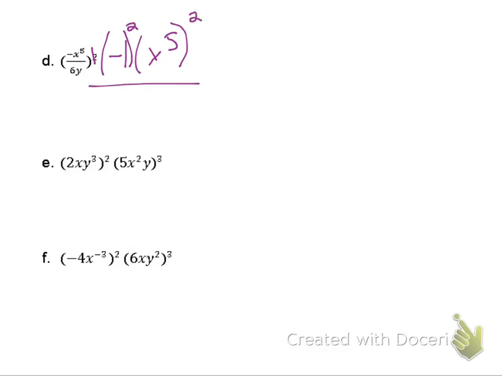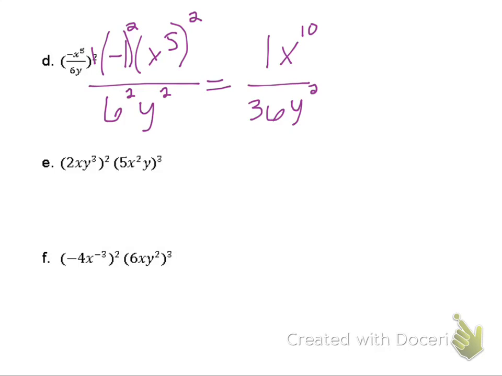And then on the bottom I'm going to have 6 squared and y squared if I distribute the squared on the bottom. So negative 1 times negative 1 is positive 1. X to the 5th squared would be x to the 10th, 5 times 2. On the bottom, 6 times 6 is 36. And then we have y squared.